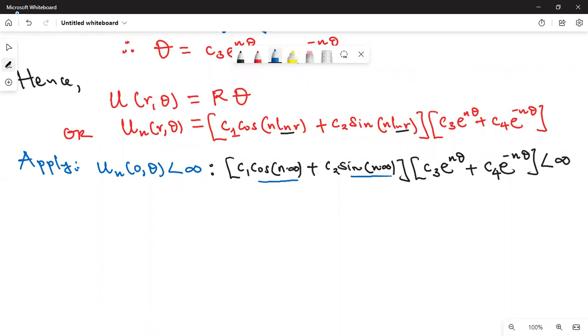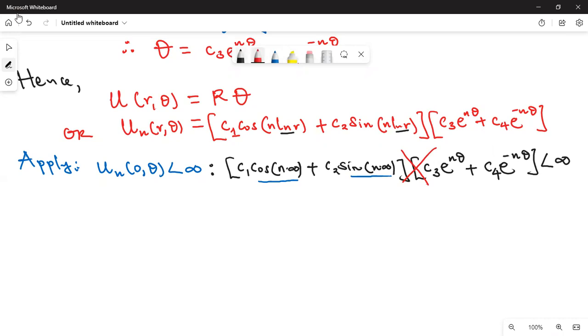So what can we say? For that value to be less than infinity, because I can't see where we have infinity on the left-hand side, this condition cannot give us the values of C1, C2, C3, and C4. So that condition fails to give us the values of interest.